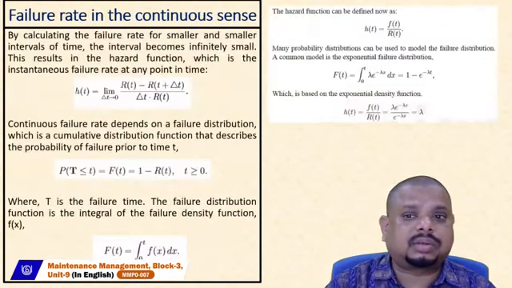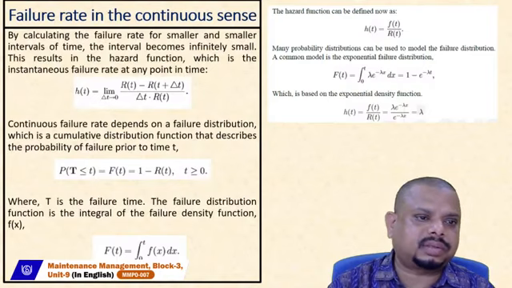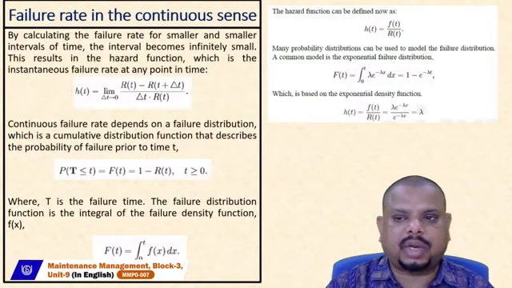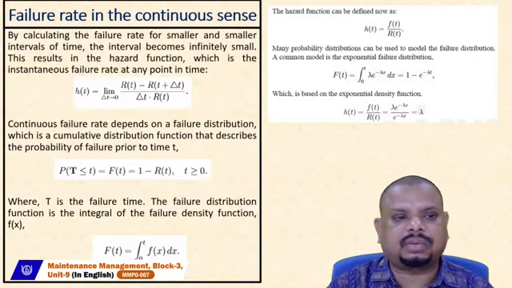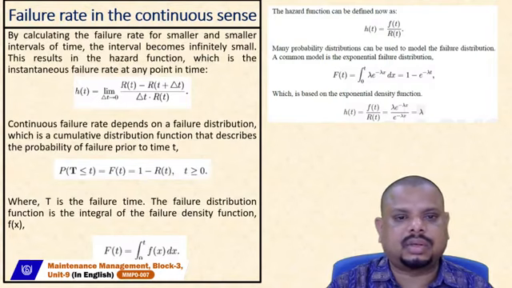Moving to the next one, we have to understand the failure rate in case of continuous cells. So let's understand what the different parameters and mathematical expressions are with reference to failure rate in continuous cells. By calculating the failure rate for smaller and smaller intervals of time, the interval becomes infinitely small and this results in the hazard function, which is the instantaneous failure rate at a point in time.